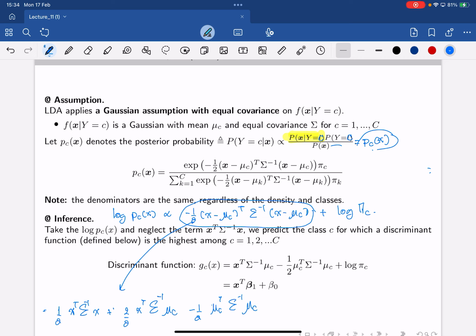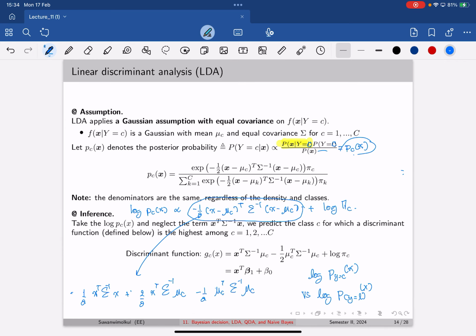So if you compare two classes, like log of Y equal to C given X, I use this notation, versus log of Y equal to L given X, probably the only things that will cause a difference are this term and this term, but not this one, because that will be the same for the same input.